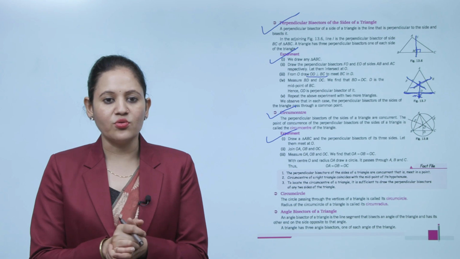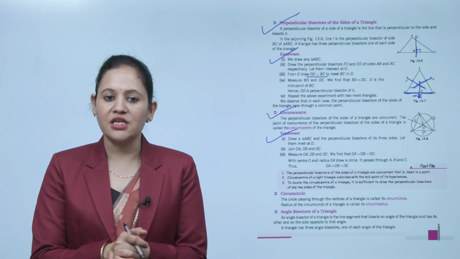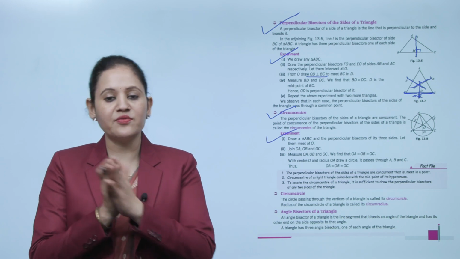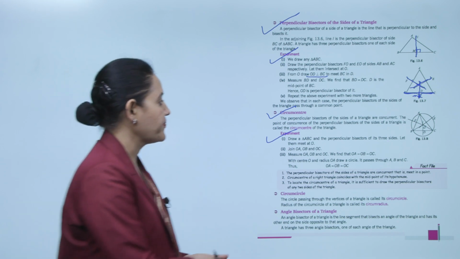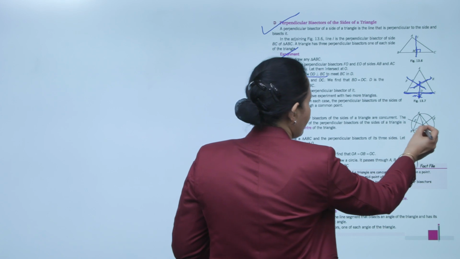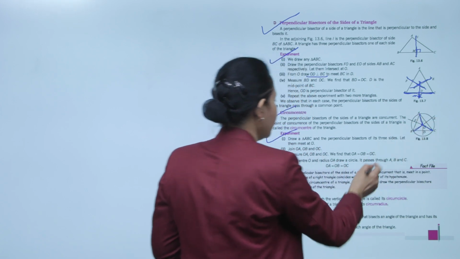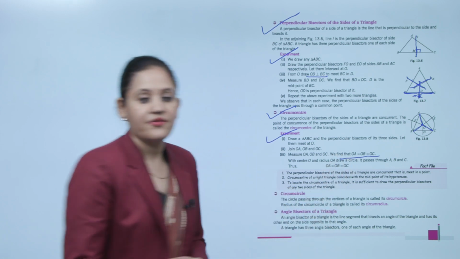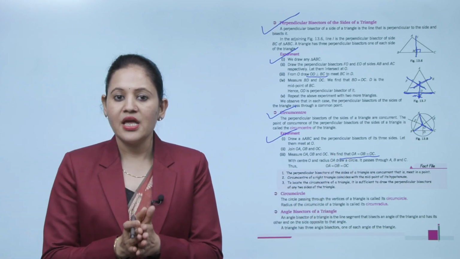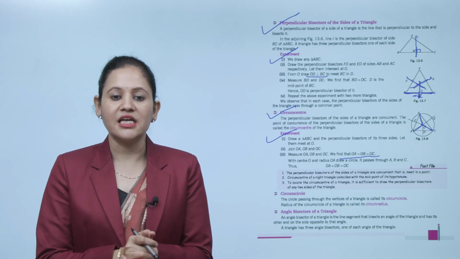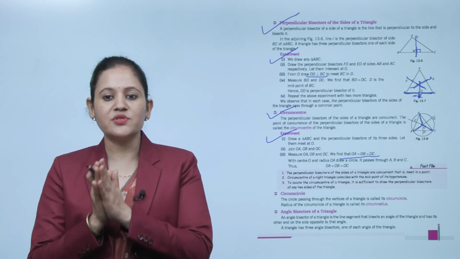Let them meet at O. Join OA, OB and OC. Measure OA, OB and OC. We find that OA equals OB equals OC. With center O and radius OA, draw the circle; it passes through A, B, C. Thus OA equals OB equals OC.